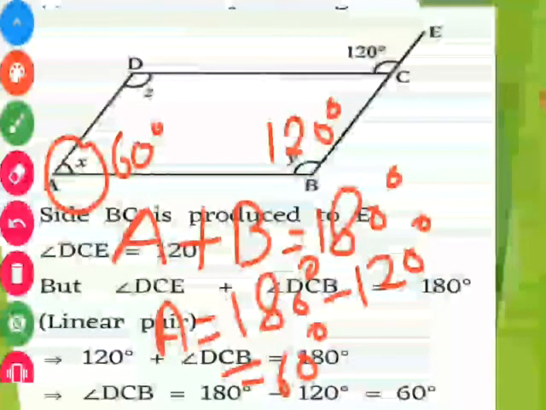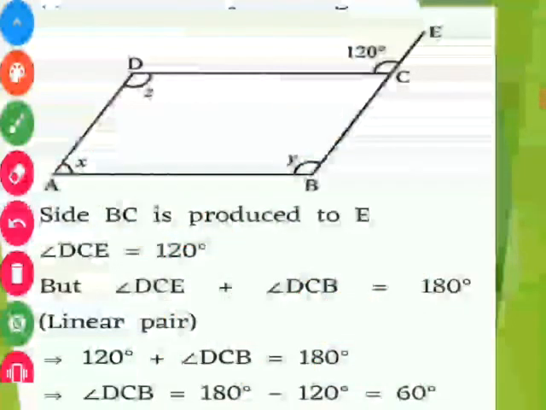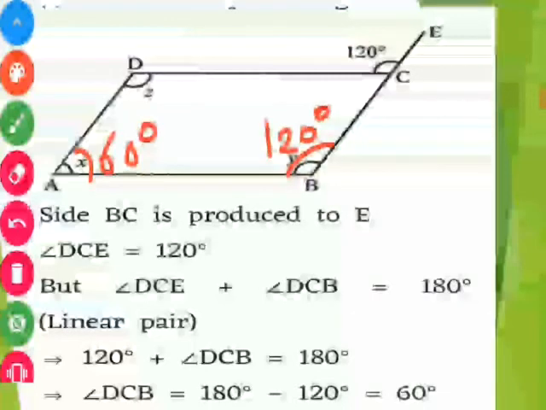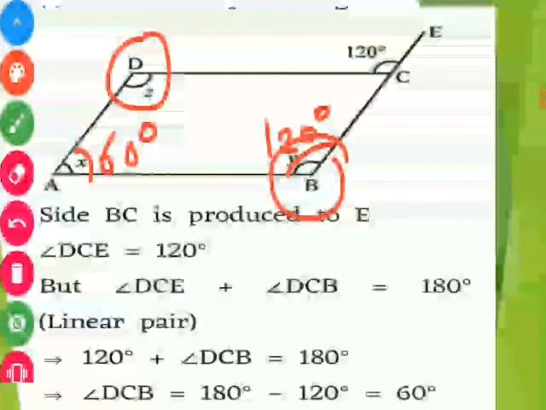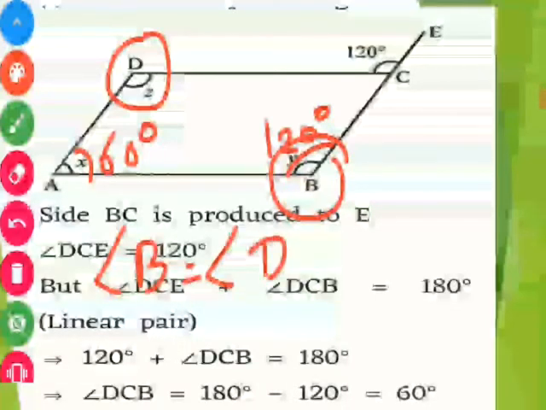So up to here I think you have understood. Now let's further proceed. So this angle is 60 degree and this angle is 120 degree. Now as you know, in a parallelogram opposite angles are equal. That means angle D and angle B will be equal. So angle B will be equals to angle D. Therefore angle D will be equals to 120 degree.